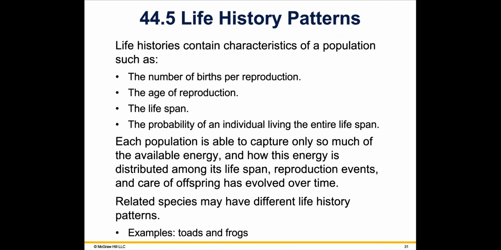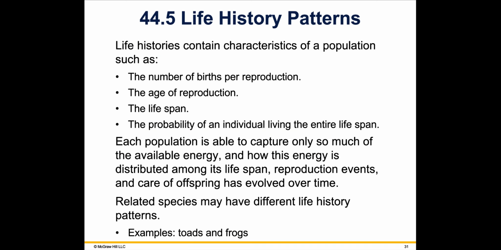So, a life history is really just the characteristics of a population, and it's going to include the number of births, the age of reproduction, that survivorship and lifespan, and the probability of each thing in that population living its whole life.